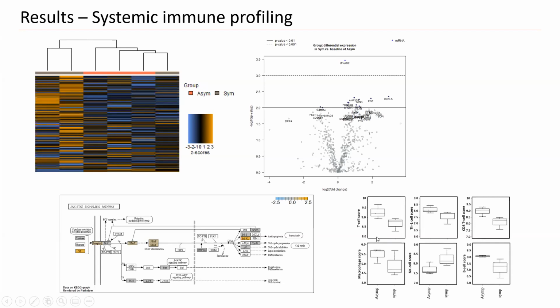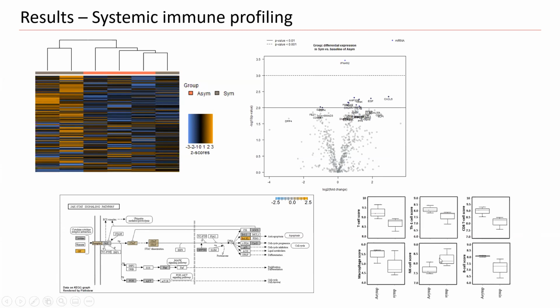So you can see our T cells were higher in our asymptomatic individuals, Th1 cell scores, CD8 T cell scores, our macrophage cell scores, and our B cell score, which is obviously important then for our antibody response. Interestingly, our NK cell score showed the opposite response.